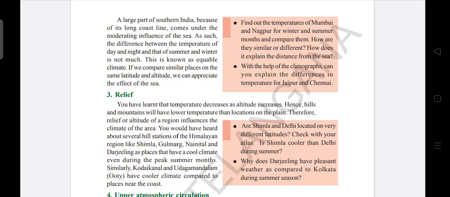Because of the coastal line, southern India comes under the moderating influence of the sea. As such, the difference between the temperature of day and night and that of summer and winter is not much. So there is not much difference between day and night, as well as winter and summer. This is known as equable climate. If we compare similar places on the same latitude and altitude, we can appreciate the effect of the sea.